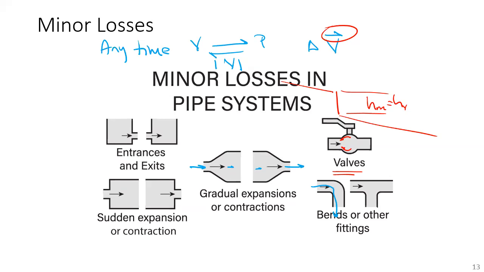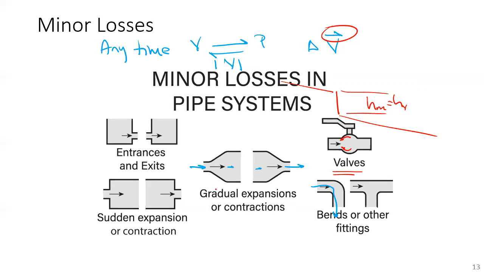You will see that when we calculate the energy loss just due to a feature like this, it includes the frictional resistance as well as the inefficiency of converting from velocity to pressure, as well as the fact of the increased turbulence if you're changing the direction of the velocity vector. Okay, so you don't have to calculate a friction loss within a feature where we have minor losses.